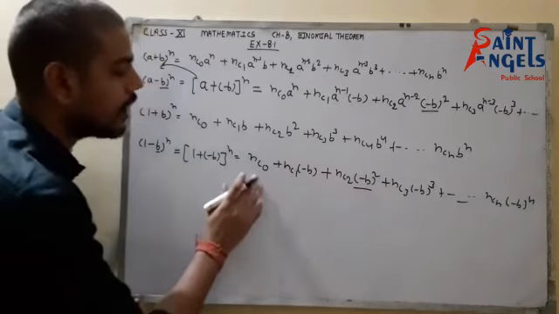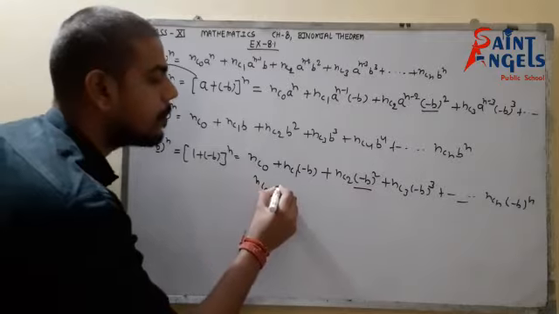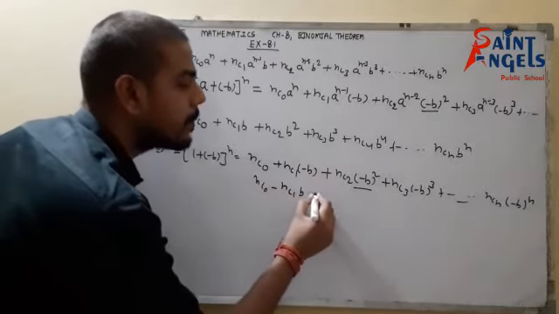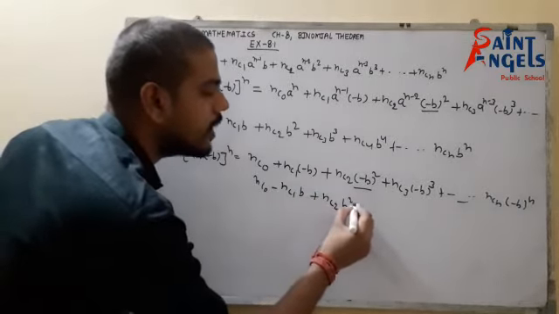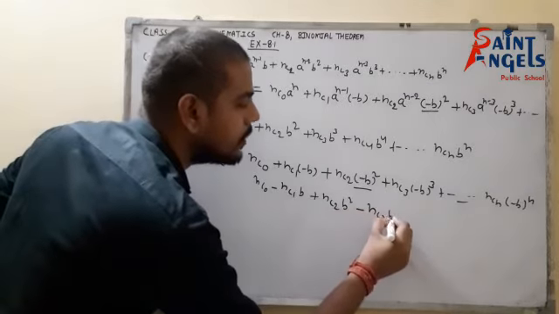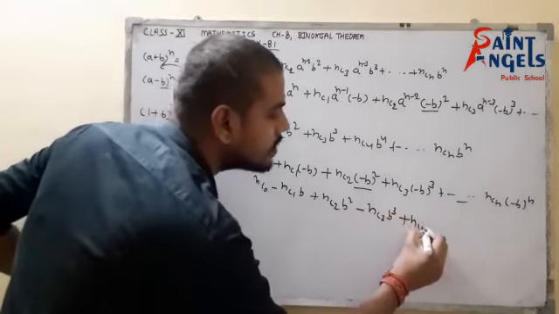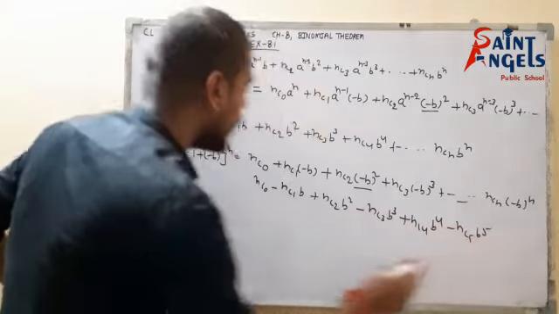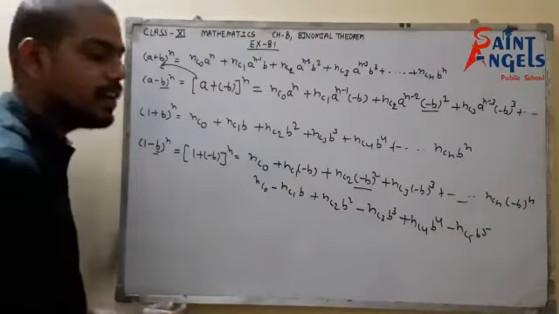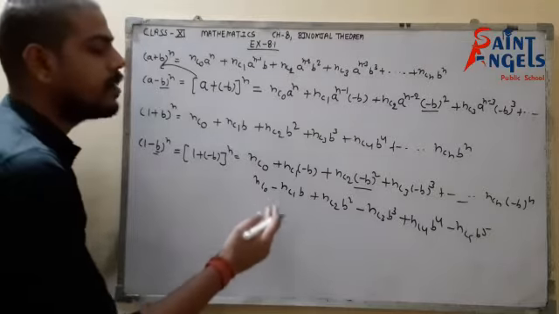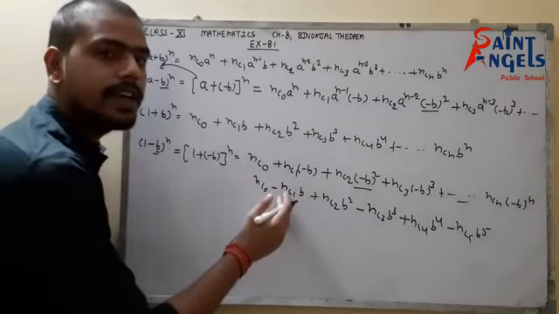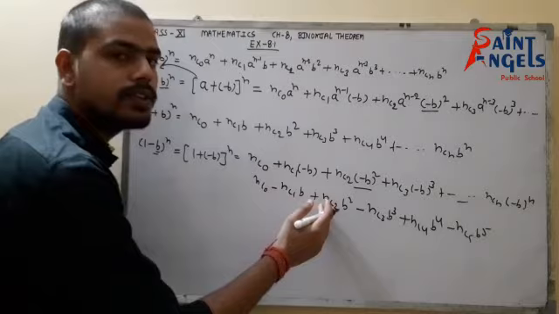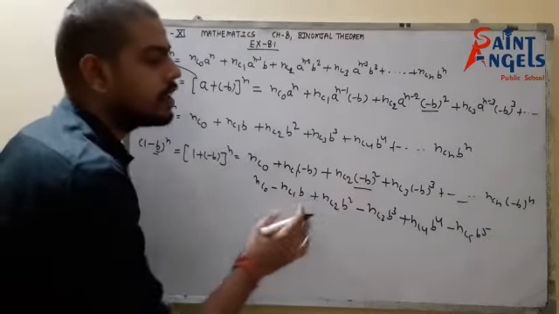So we write nC0 minus nC1 b plus nC2 b squared minus nC3 b cube plus nC4 b^4 minus nC5 b^5. Whenever we have minus in the expansion, the first term is positive, the next is negative, then positive, then negative, and so on.